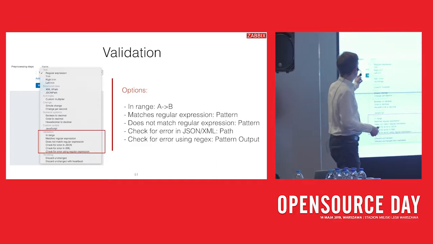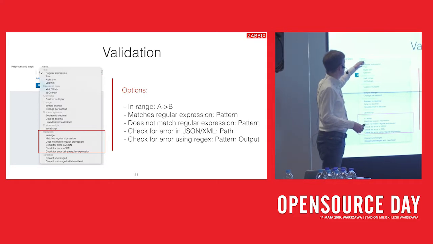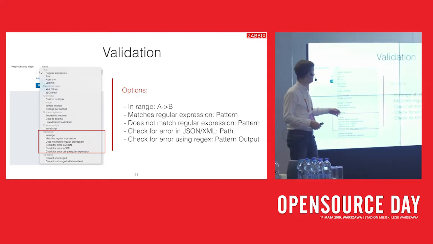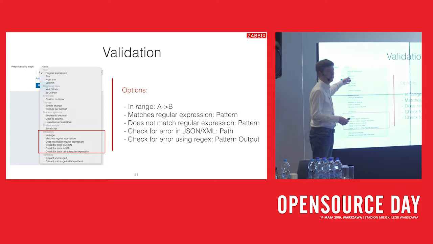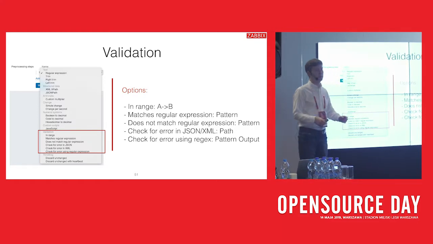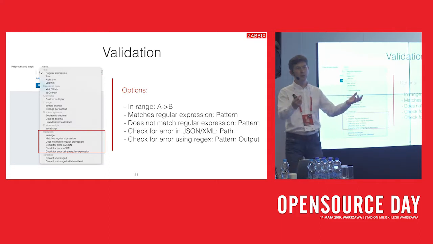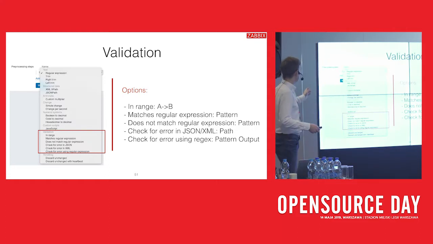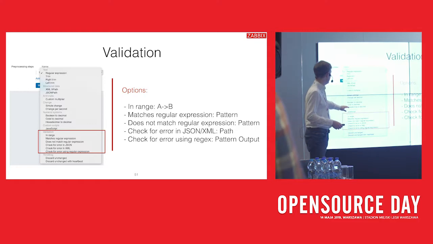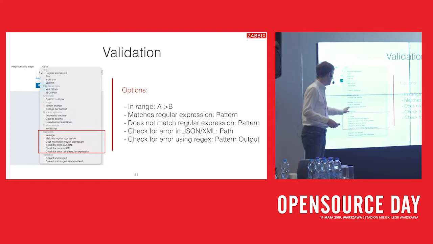Like you may do some transformation based on regular expressions, or do some simple things like trimming. You may use JSON path or XML path if you're working with JSON or XML data. And there are some other things like hex to decimal and so on.